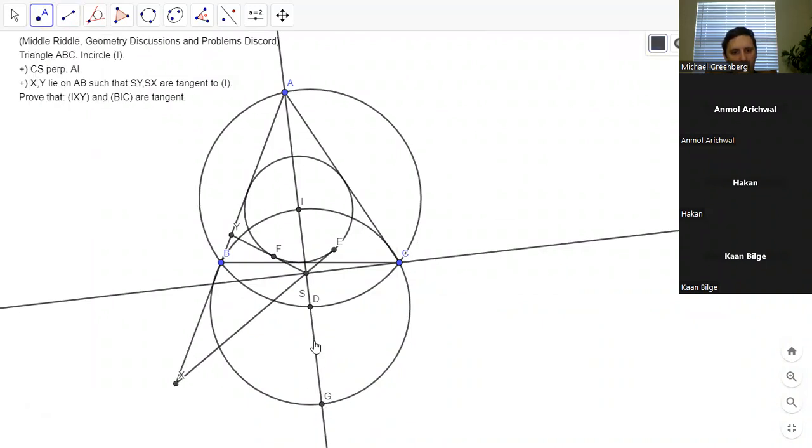Here's the X center if we ever need it. And this is a right angle.